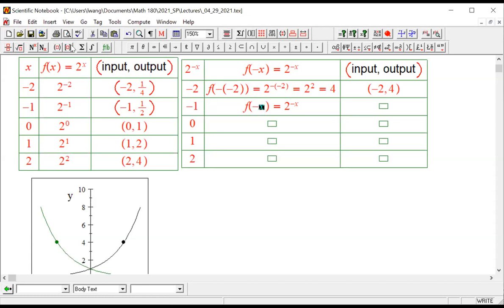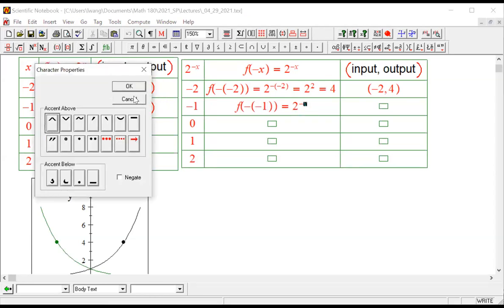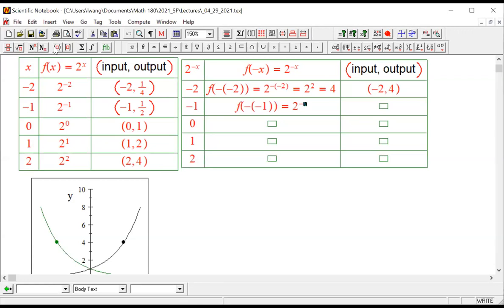So x equals negative 1, and that's going to be 2. So the input is negative 1, the output is 2.